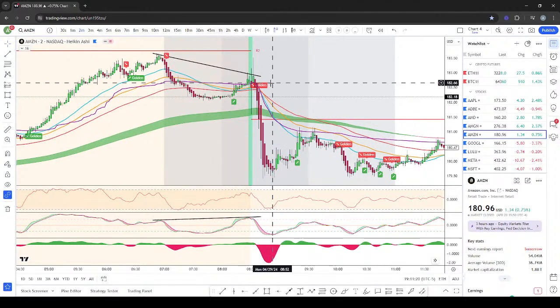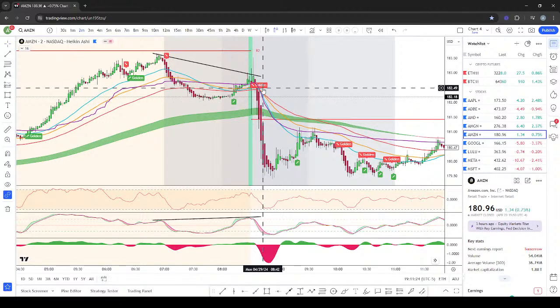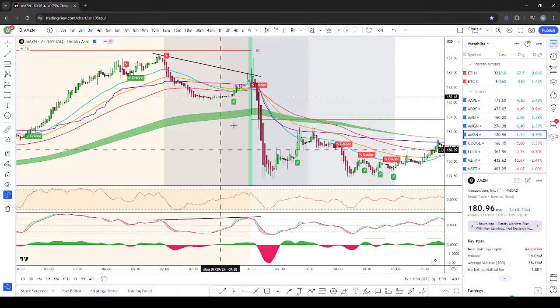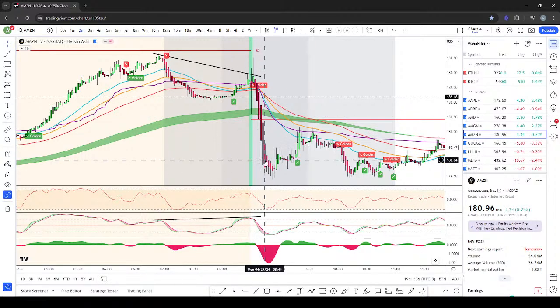Or what I like to do is set alerts on these buy and sell signals. Once the signal comes through, I check real fast to see if I can spot the divergence pattern and enter the trade.